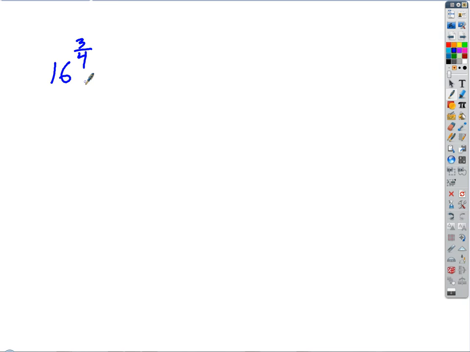When we do a fractional exponent like this, you guys can do this in your head. We always start with the bottom, which corresponds to the root. So what are we doing first then? And you don't have to write this out, but this is how you're thinking about it. You're thinking about this as what kind of root of 16? Fourth. Because of the 4, right?